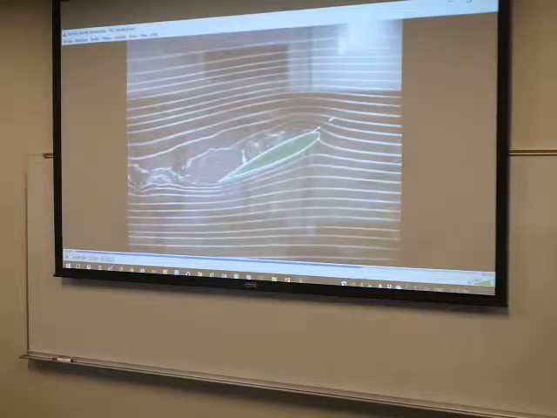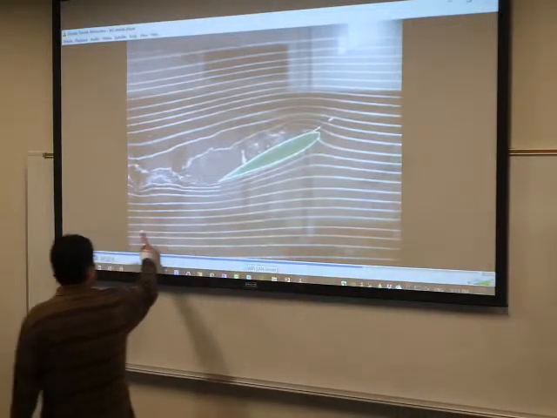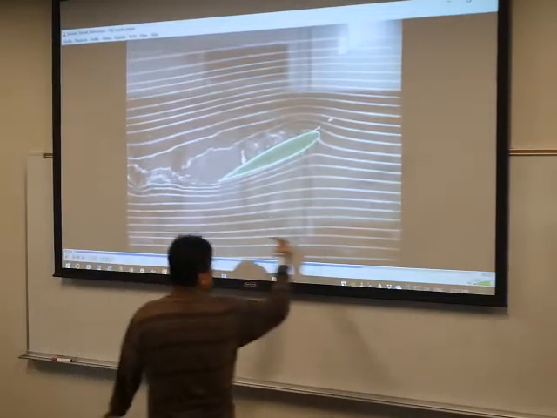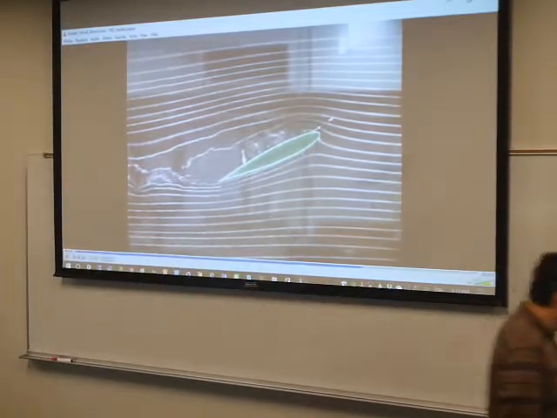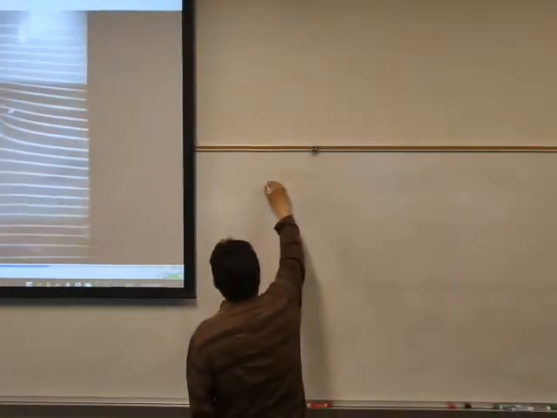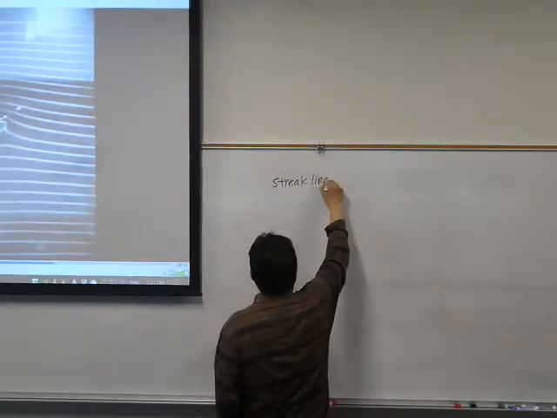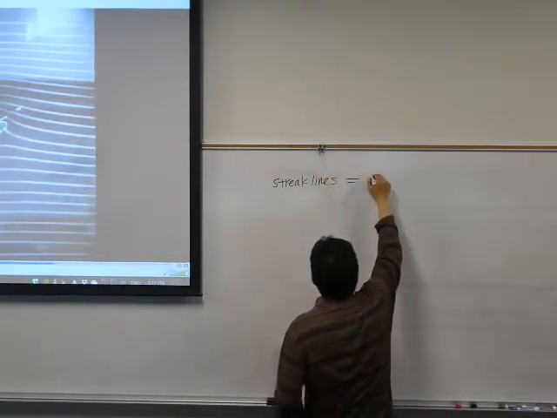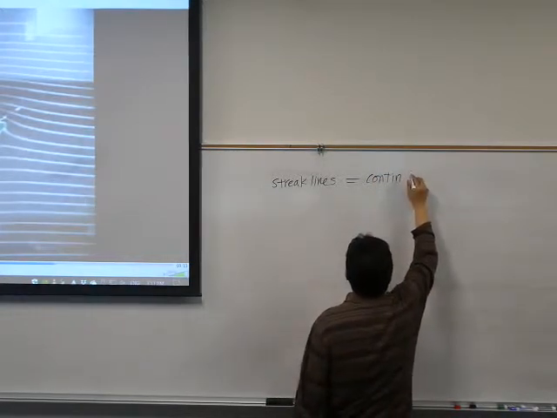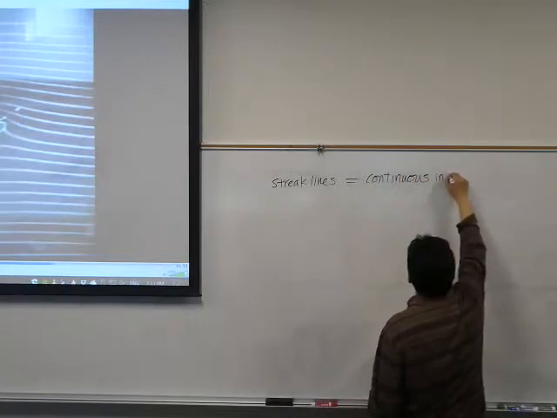Okay, so I just paused. As you can see, the lines are very nicely defined around here. Okay. So those are the lines created by smoke particles, which is essentially called streak lines. Continuous injection.